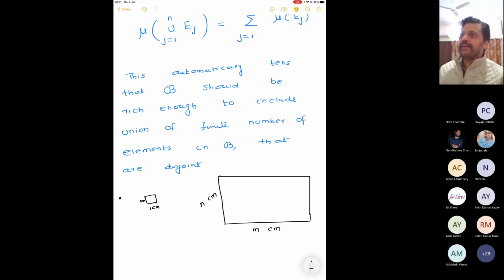Now, if you remember, to find the area of the circle, what we do is we inscribe a polygon inside the circle. Yes or no? Yes, sir. And try to make this inscription better and better. Do you get me? Yes, sir.